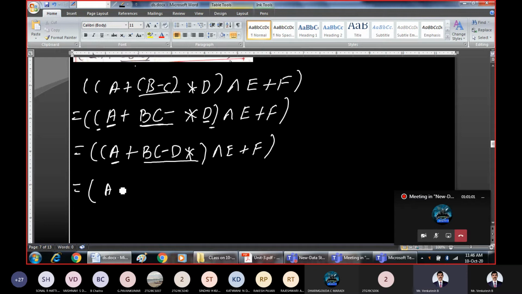Then write the second operand BC minus D star. Then write this operator plus. Once you solve the bracket completely, we will be removing the brackets and just underline for our understanding purpose. You need not underline this, but for explanation purpose, I am drawing it like this. This entire thing will become one operand now. Then as this bracket is removed, write the power operator here, E plus F.